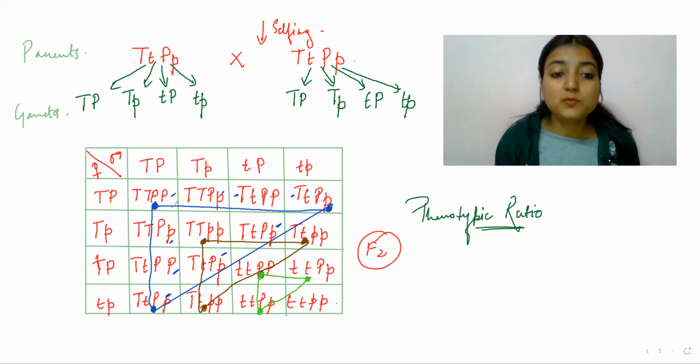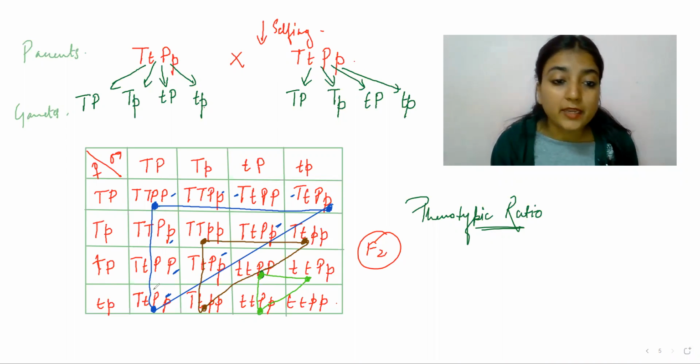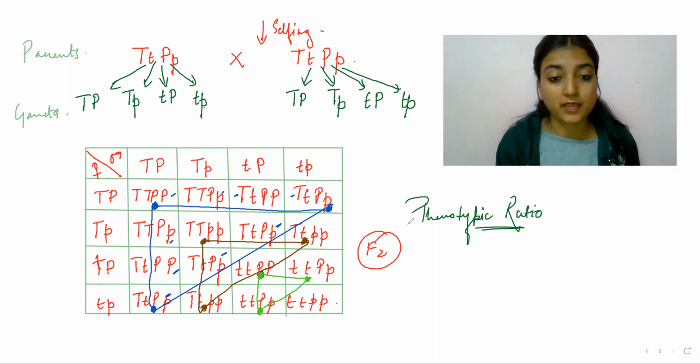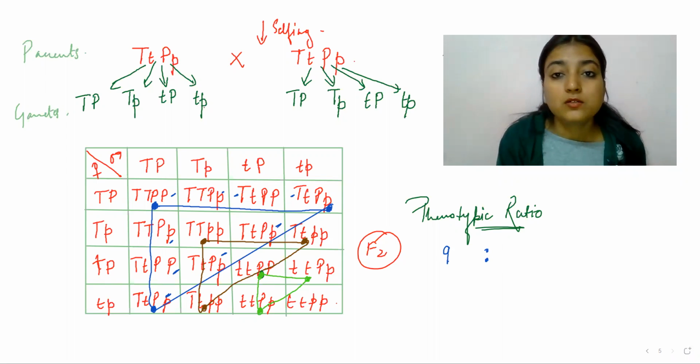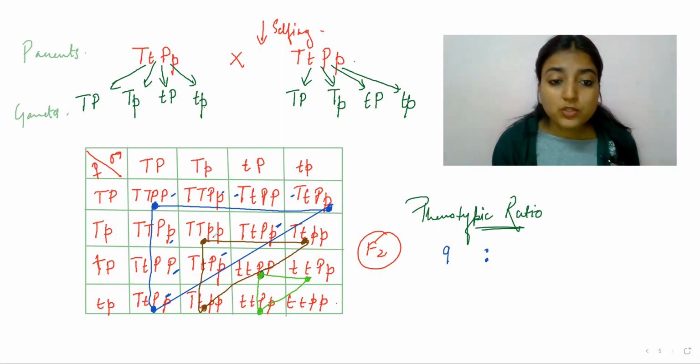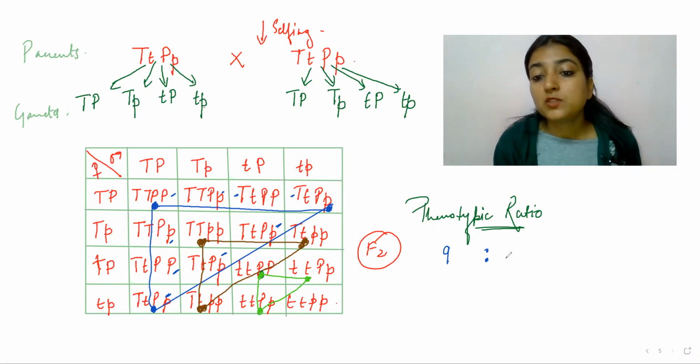Now these blue lines are passing through the 9 possible genotypes. So the first ratio is 9. Now for the second one you just have to see the dots. Where are these dots? So 1, 2 and 3. So you have to write here the 3.